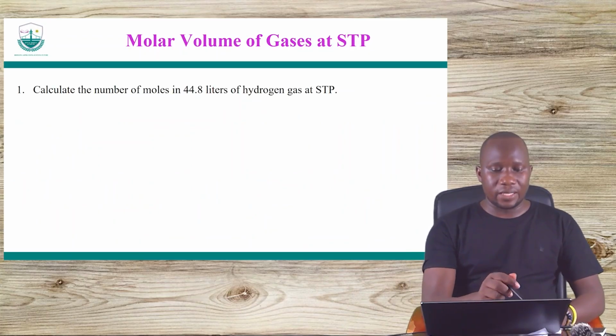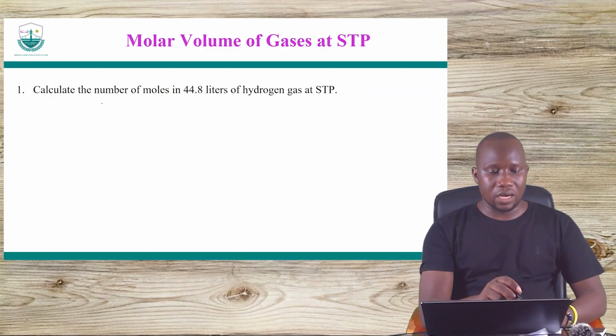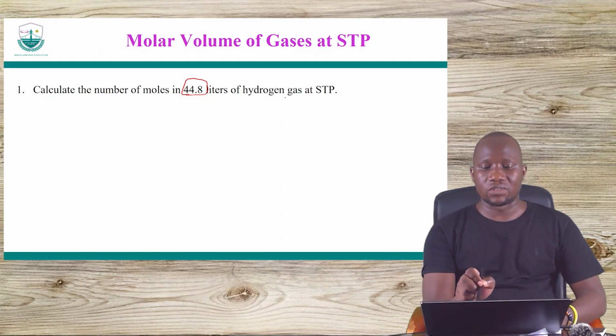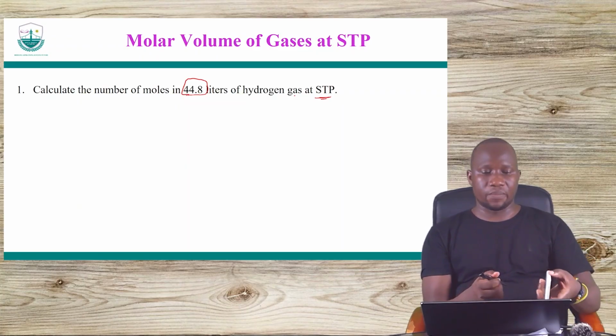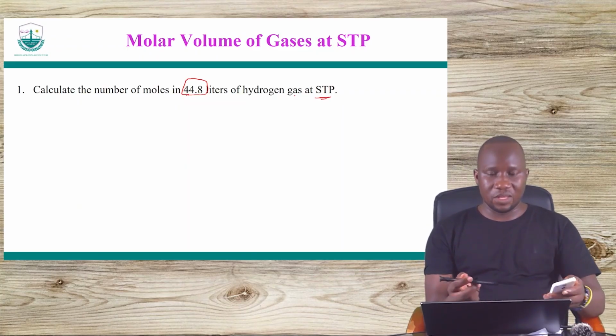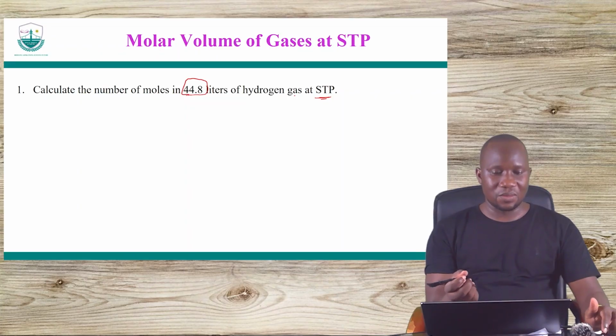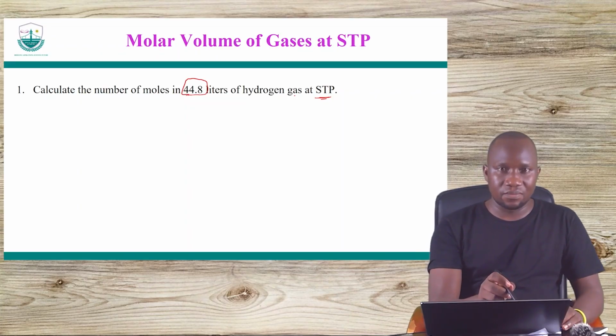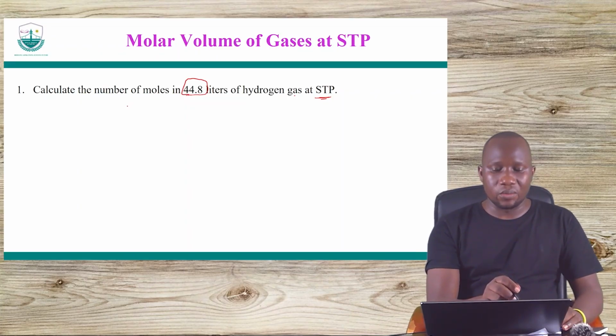So what we are seeing here is that they want us to calculate the number of moles in 44.8 liters of hydrogen at standard temperature and pressure. So we are going to use this for our calculations, but let's start. What do we know?